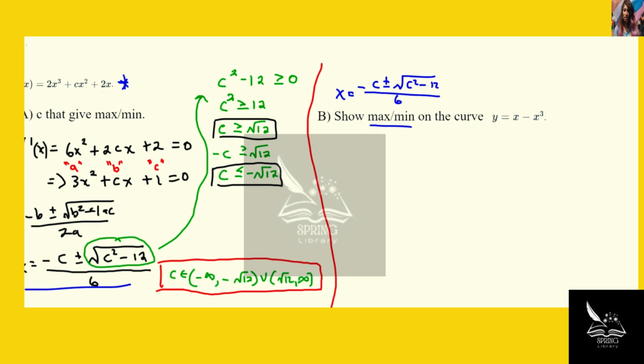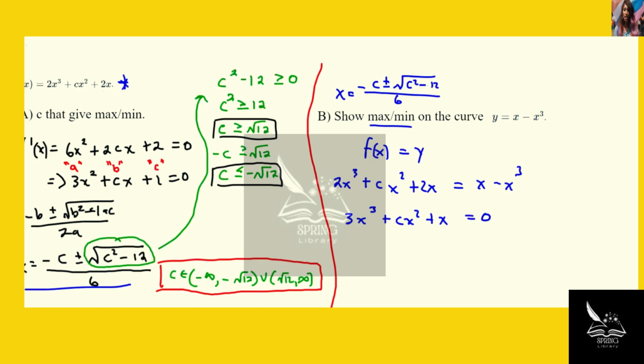So let's set these two functions equal to each other and see what we get. I'm going to set f of x equal to y. So f of x is 2x cubed plus cx squared plus 2x, and y was x minus x cubed. Let's see where these two curves would intersect. I can subtract x and add x cubed over, which gives 3x cubed plus cx squared plus x is equal to 0.